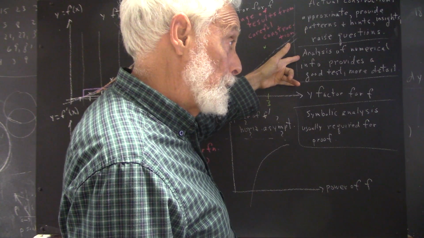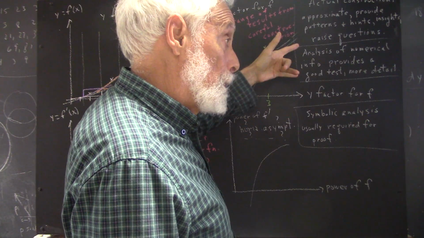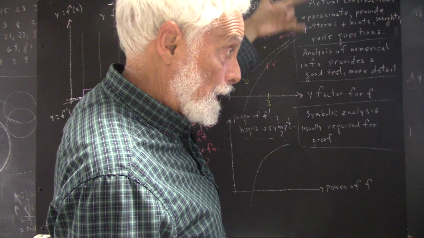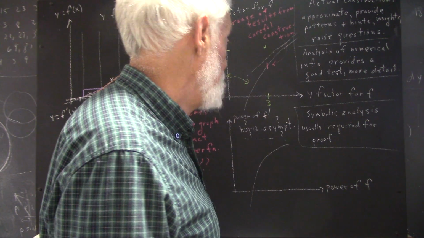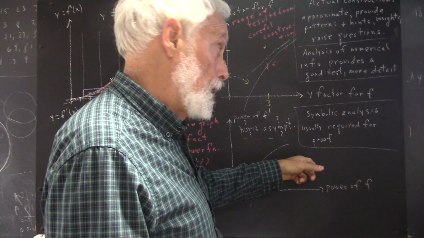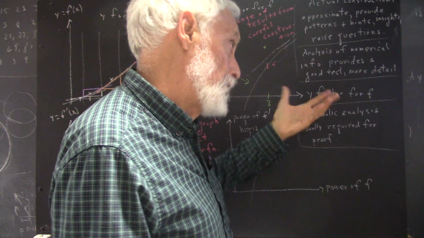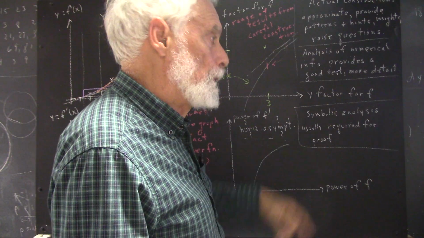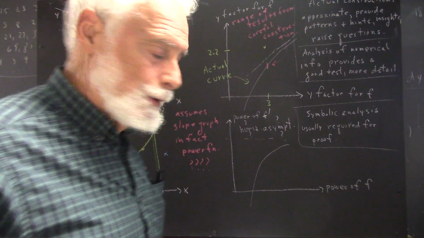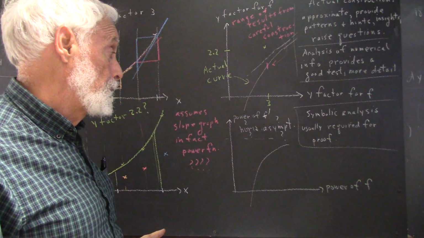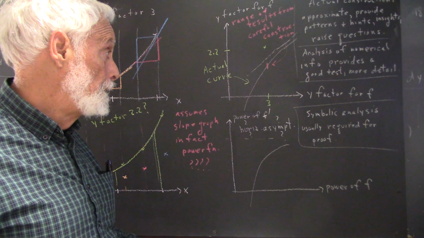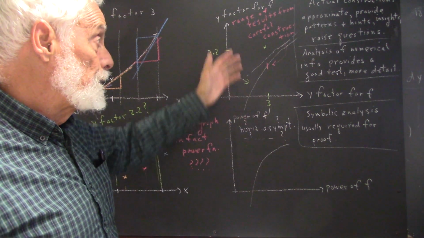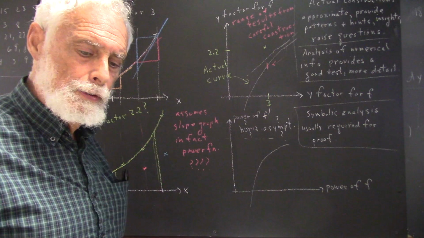We can analyze numbers to give us a more precise idea of whether the patterns we see really emerge. But we need to go to symbolic analysis, do algebra, do calculus, in order to prove things. It turns out that there's an analysis we can do just based on algebra that does allow us to answer many of these questions.